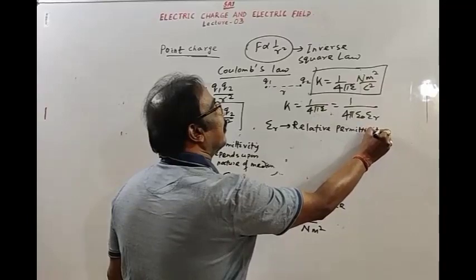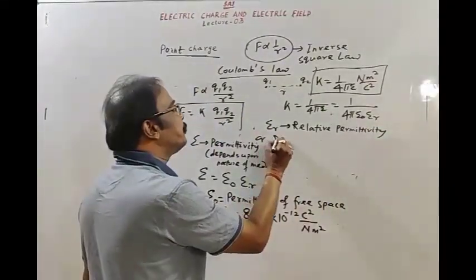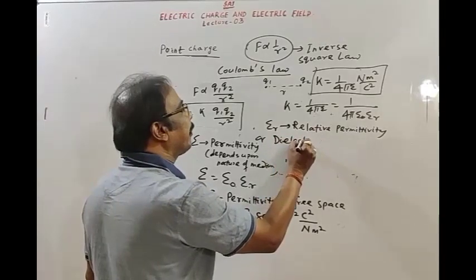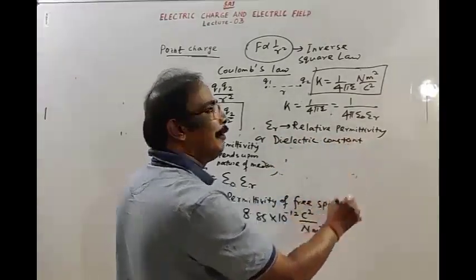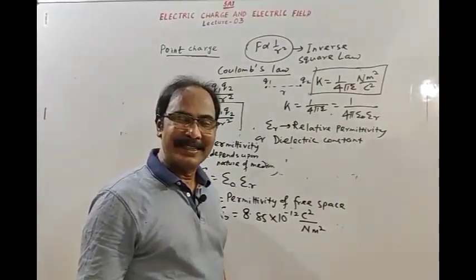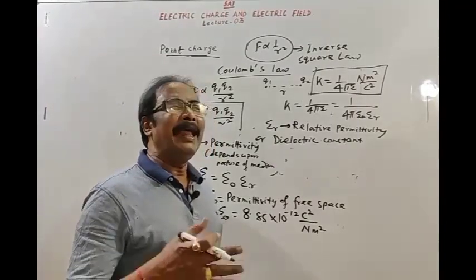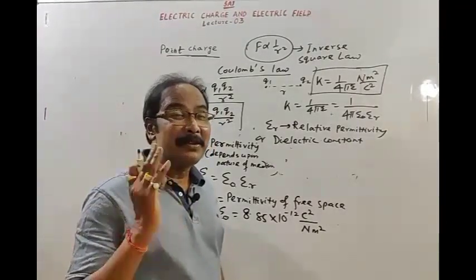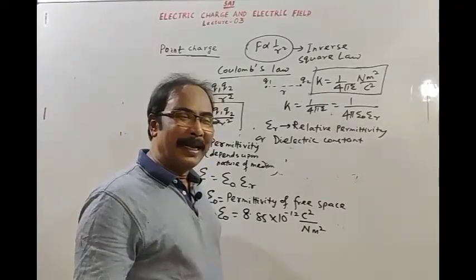permittivity, or epsilon r is also called as dielectric constant. Dielectric constant. I think we have discussed a little bit about dielectric. Dielectric determines the nature of insulator, the insulating property.